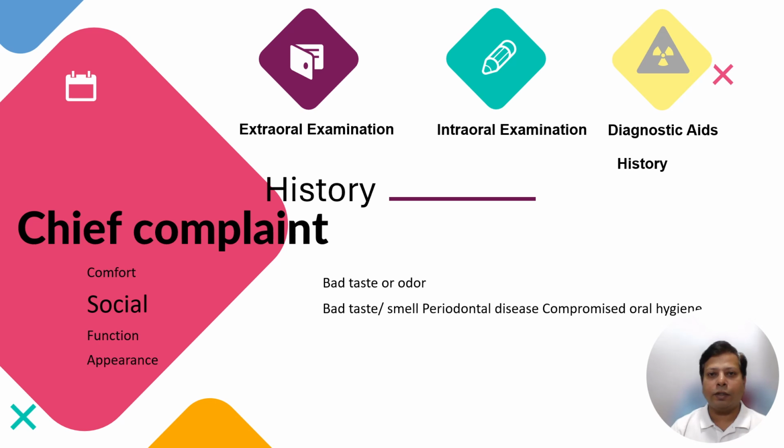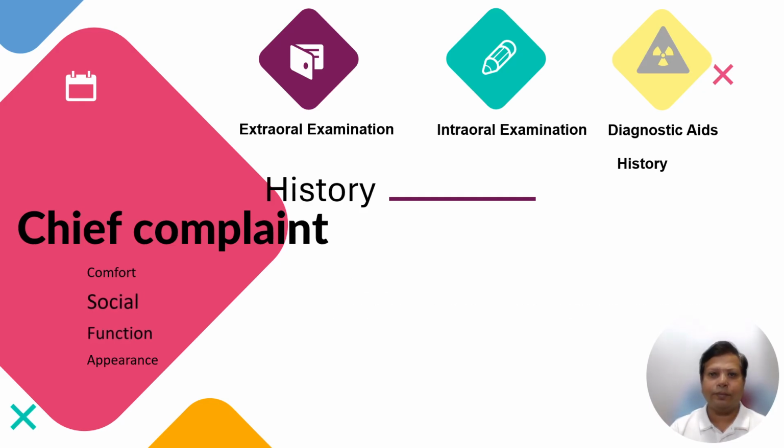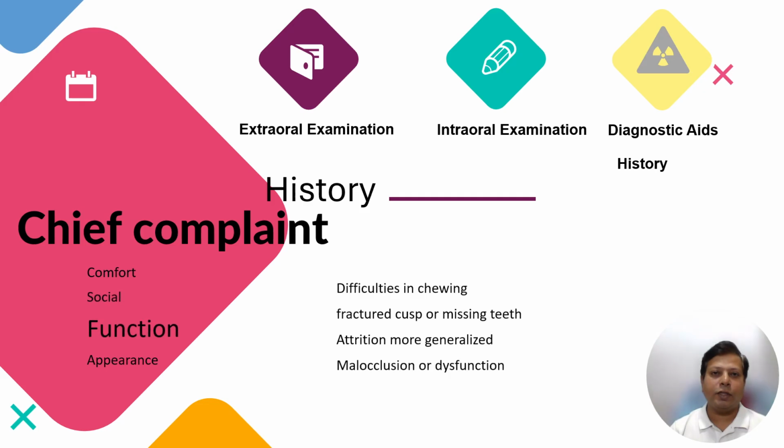Under social, we usually record any reporting of bad taste or odor from the patient. We also check whether it is due to some periodontal disease or just due to compromised oral hygiene. Under function, we record whether there are any difficulties in chewing for the patient. Is there any fractured cusp or missing teeth?